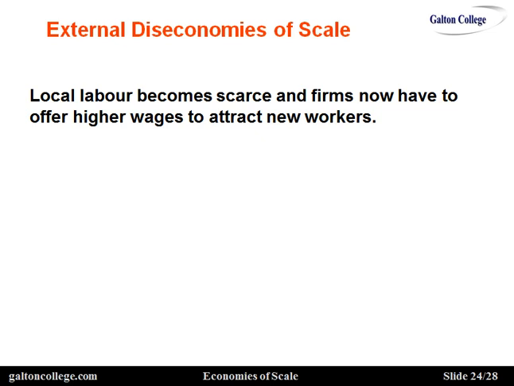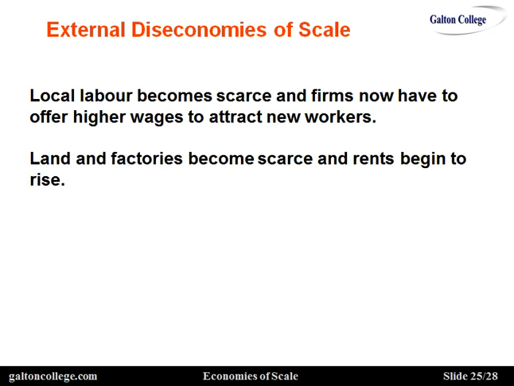In other words, the industry has overgrown in a particular area. It could be in certain areas land and factory space becomes scarce and rents begin to rise. Again, forcing up the costs.